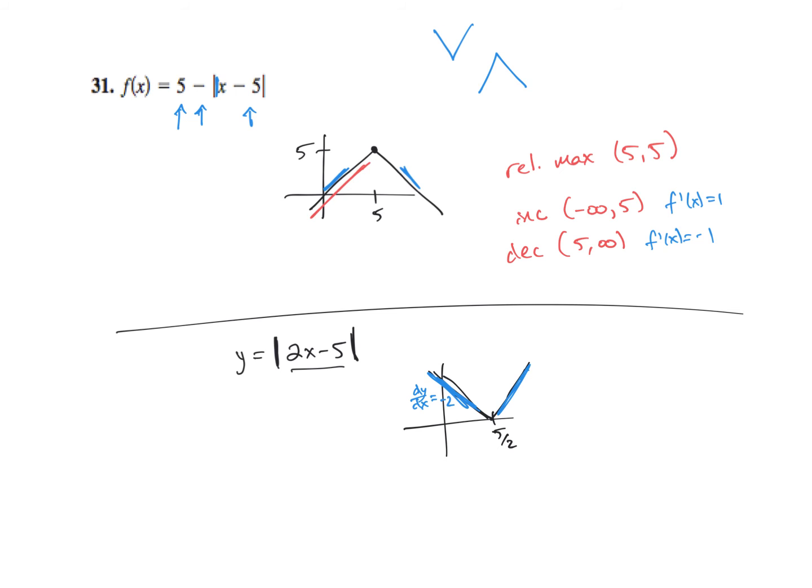And then what would my dy dx be on the right interval? +2. Because my slope here is 2. All right? It's a lot easier without doing calculus than it is with. All right? So usually I just want you to understand the transformations of them. Pretty good? Hello. Will there ever be absolute values where the slope will not just be the negative of the other side?